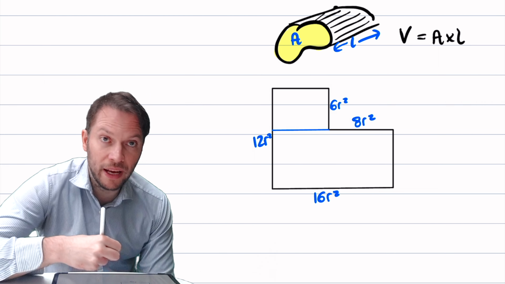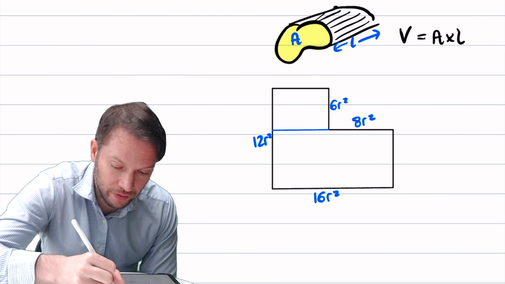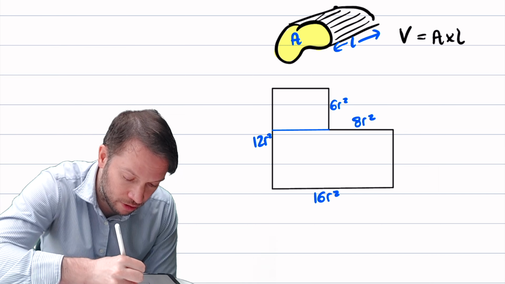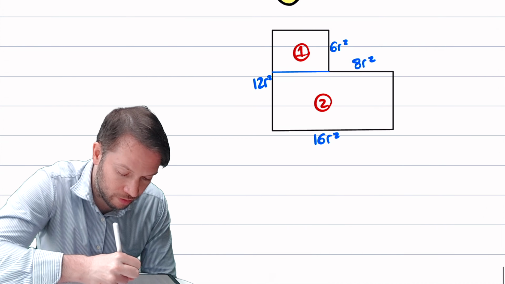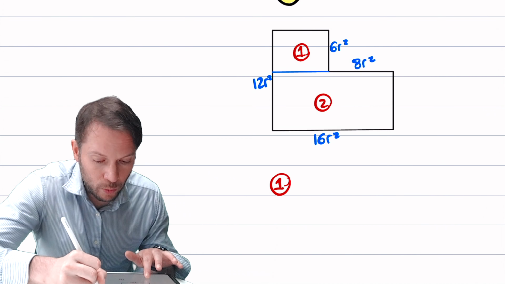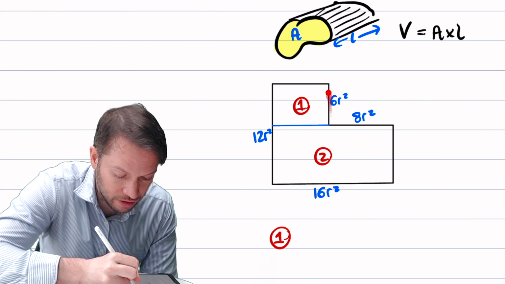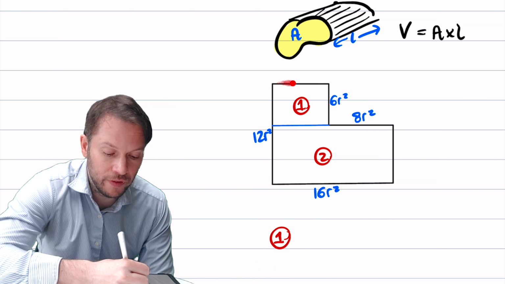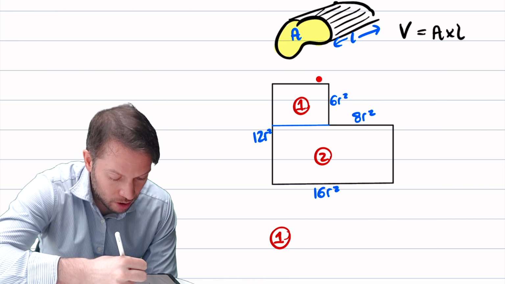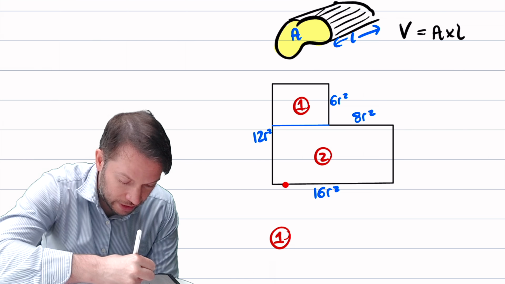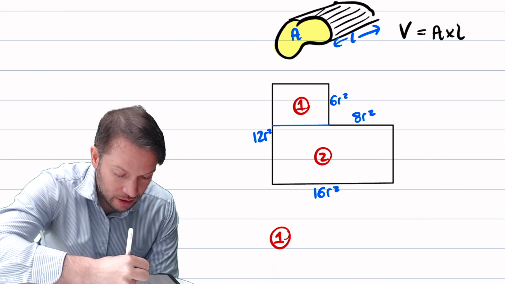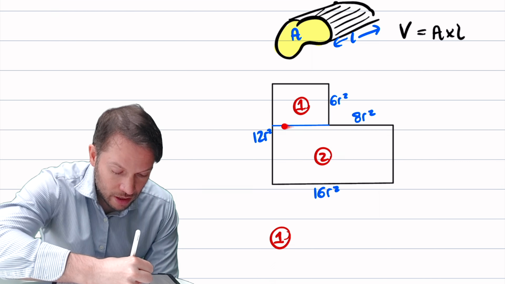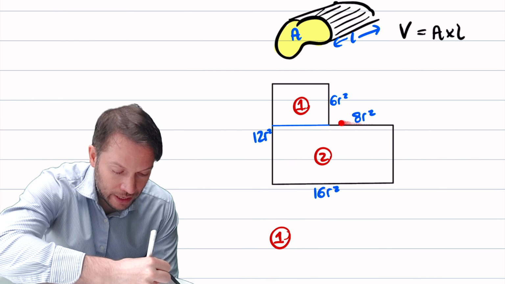Now, let's think about the dimensions of each of these rectangles. We're going to label them 1 and 2. So let's find the area of rectangle 1 first. We can see that the height here is 6r squared. But what is the length of that rectangle? All the way across is 16r squared, but we're getting rid of this length, which is 8r squared.